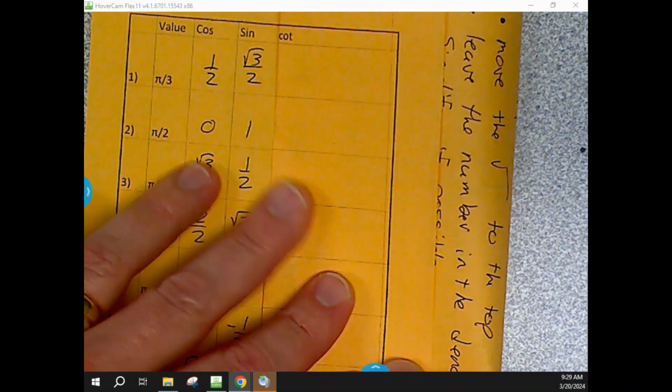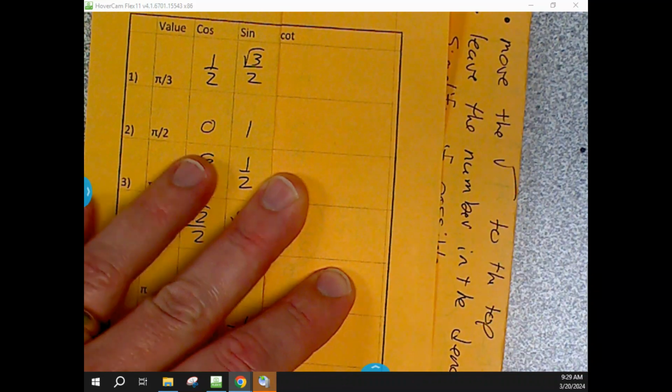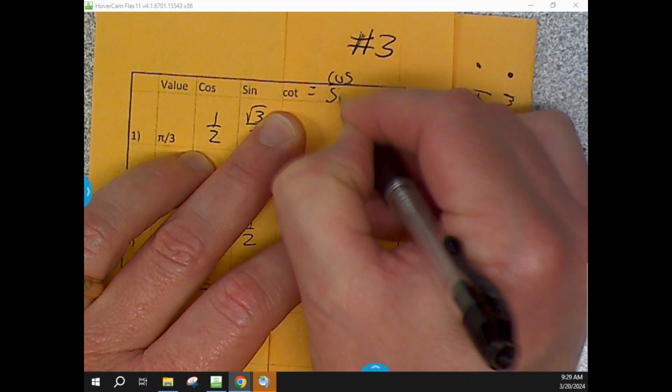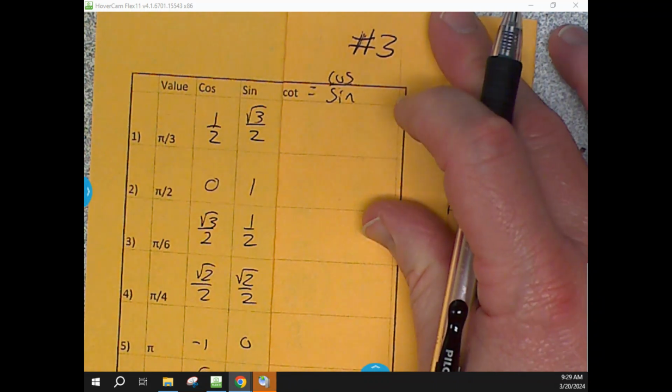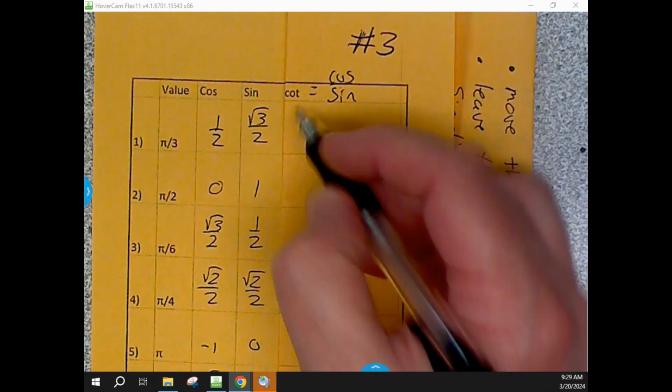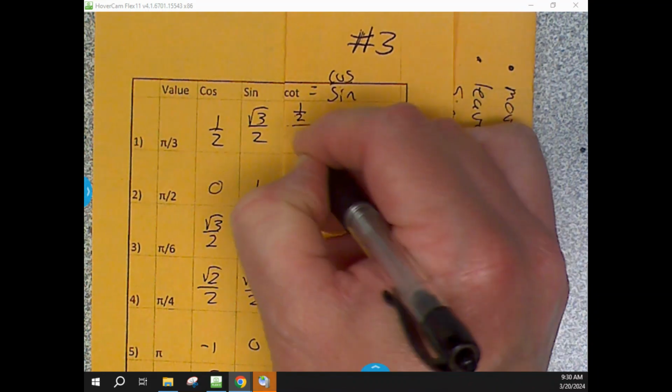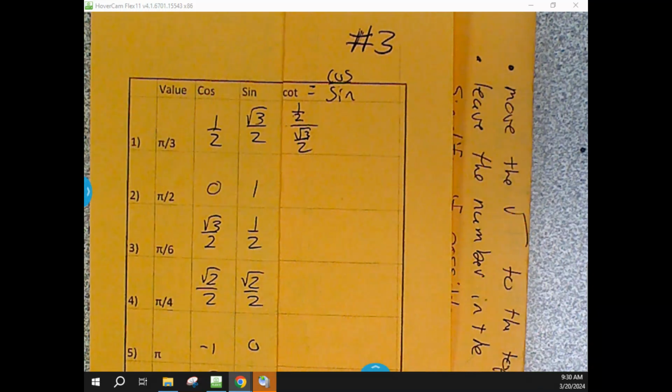Okay, so when we do cotangent, cotangent is cosine over sine. So when we do the cotangent of pi over 3, that is 1/2 over the square root of 3 over 2. But here's the oh joy moment.